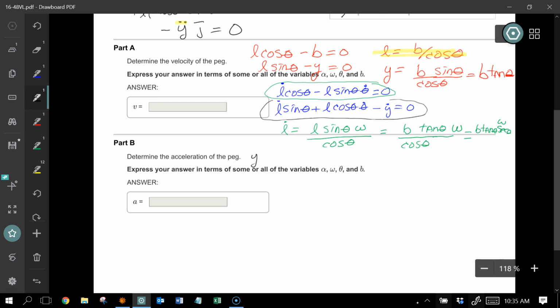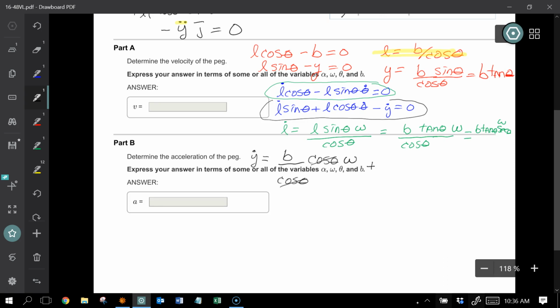So y dot is equal to L, that's b over the cosine, that's b secant of theta, times L cosine theta times theta dot, that's omega. So that term cancels.